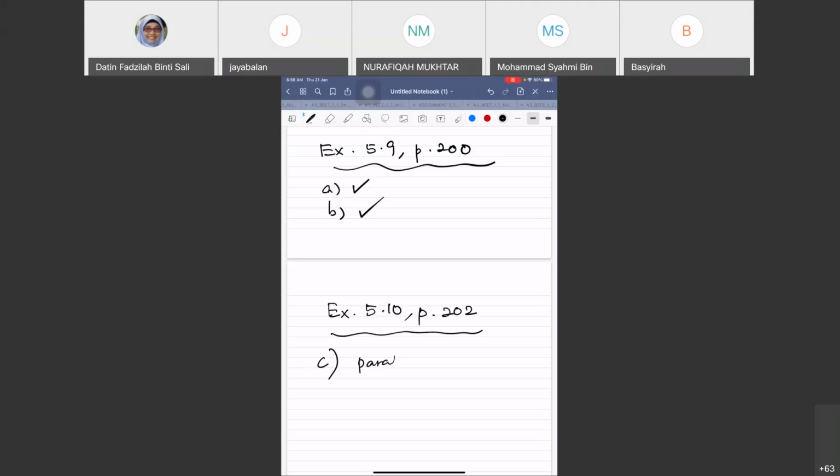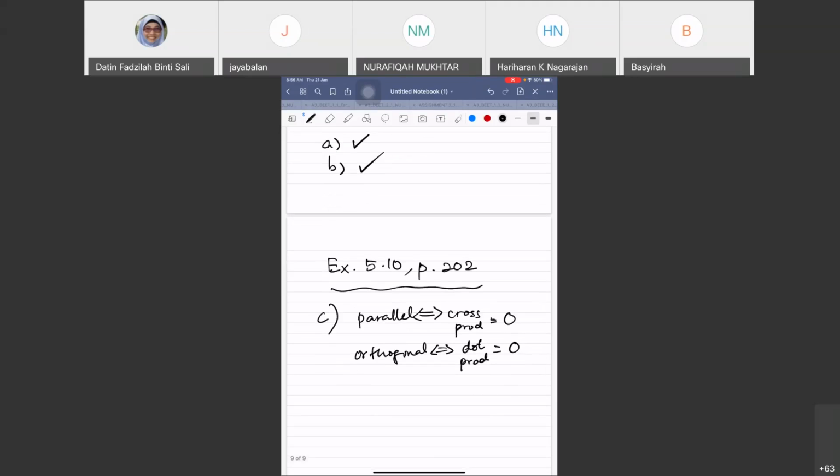Parallel means cross product equals 0. Orthogonal means dot product equals 0. So this time U and V are parallel, so you need to check their cross product.